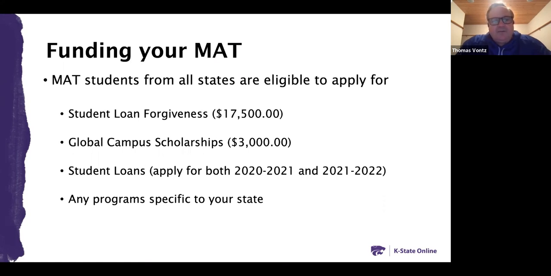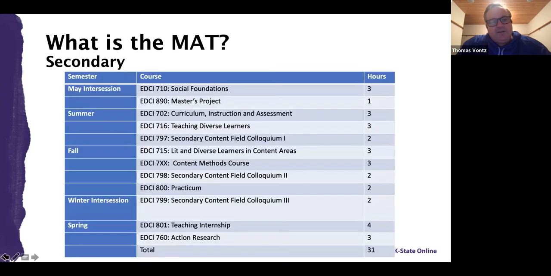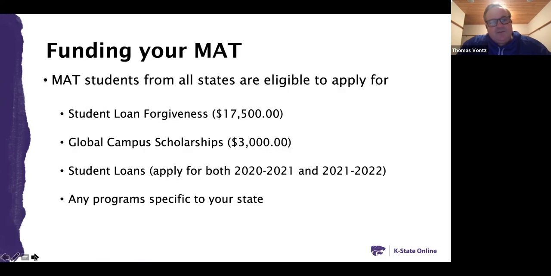And of course, the more need that you show on your FAFSA, and you need to apply for both the 21-22 and 22-23 FAFSAs, sorry, the slide's a little old, because the 21-22 FAFSA would cover you for the summer, and the 22-23 FAFSA would cover you for next academic year.